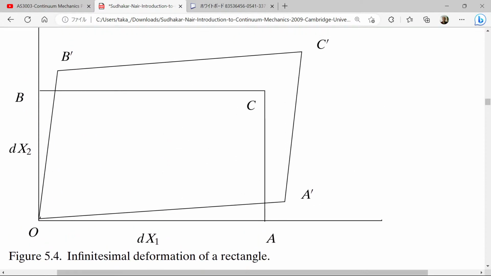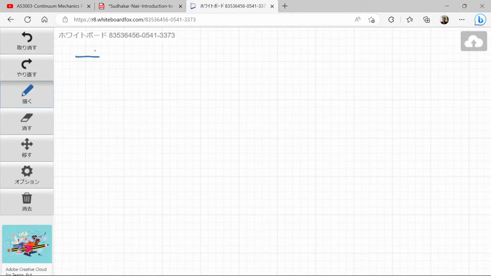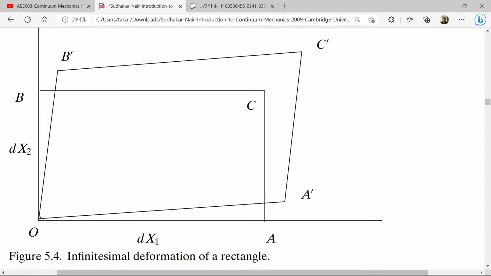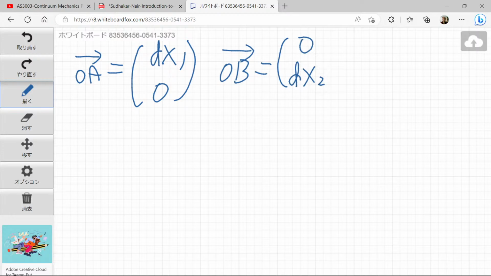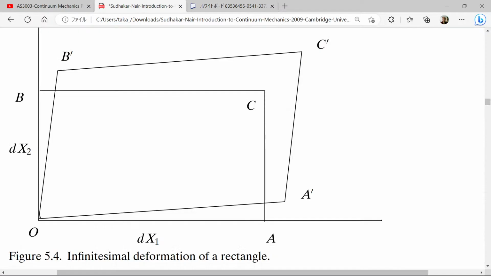Vector OA is dx1, 0. Vector OB is 0, dx2. OA and OB, right?